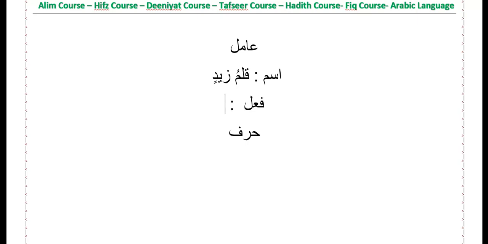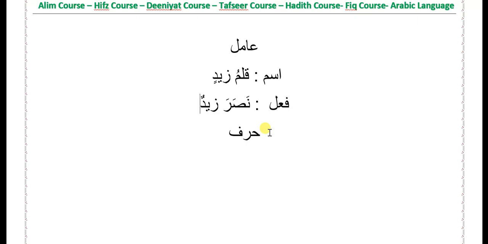Now the example of fail. When I am saying nasara zaidun, here zaidun has zamma on it. Why does zaidun have zamma on it? Because zaidun is fa'il, and the i'rab of fa'il is zamma. But how are we saying zaidun is fa'il? We are saying zaidun is fa'il because it just came after fail, and we know fail does not exist without fa'il.